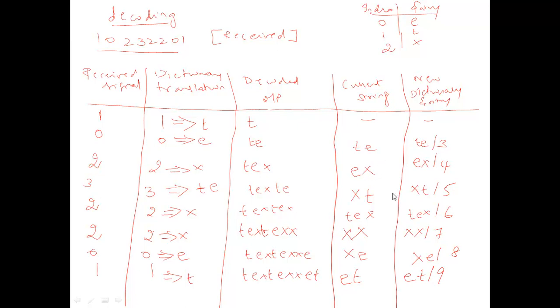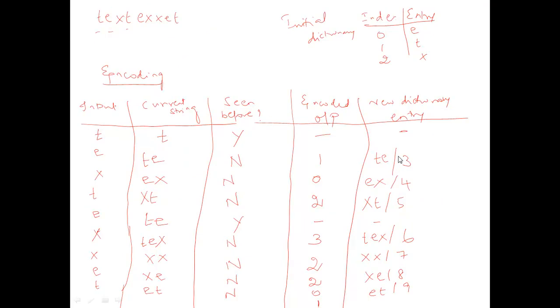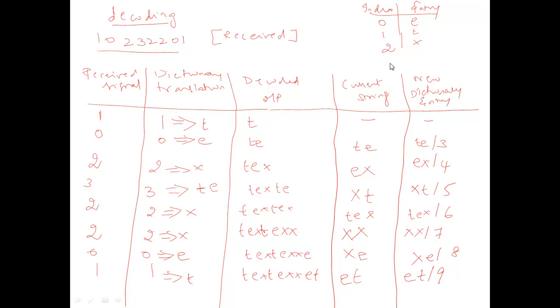So what you need to understand is, the dictionary at the receiver side, updated after receiving the signal, is the same dictionary you can find at the transmitter side also. ETX is in the entries 0, 1, 2. You can see that is the initial entry on the decoding side also, ETX.